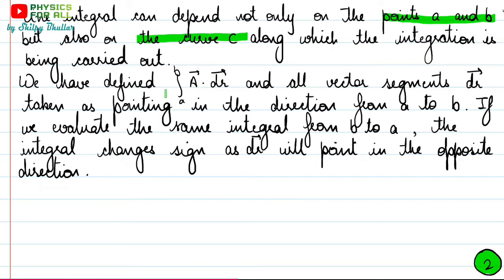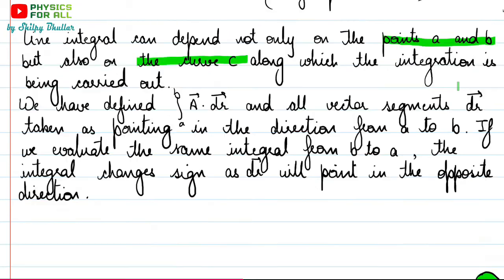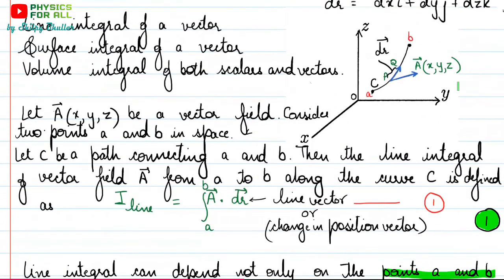Now the integral that we have taken, basically we have considered all the vector segments to be dr. See here, this PQ that we considered is dr, and then we are just integrating all the dr's over A and B. And this dr is a very small vector.